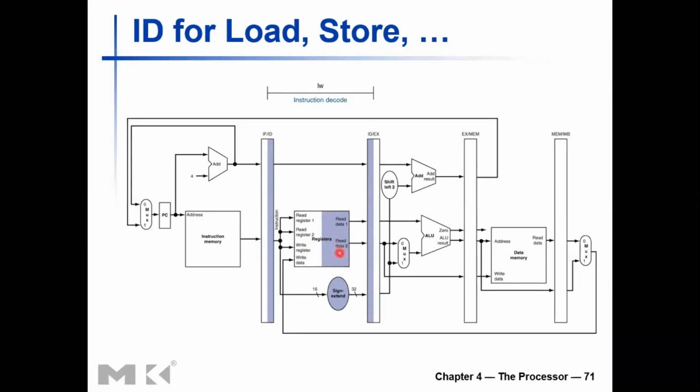At the same time, in parallel to that, the first 16 bits of the instruction word are connected to the sign extender unit, where you convert the 16-bit immediate value into a 32-bit value by extending the sign bit. That will also consume some time, but compared to the register file reading, the sign extender doesn't consume a lot of time. The sign extender is a very simple device and consumes a small amount of time.